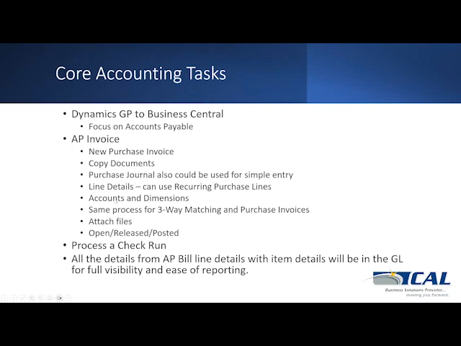You have your accounts and your dimensions. Dimensions you can pretty much use almost however you like. A lot of people who have used or are using analytical accounting with GP know it gives you the ability to have your analytical accounting codes separate from your GL accounts, and then you define where you want to relate those.